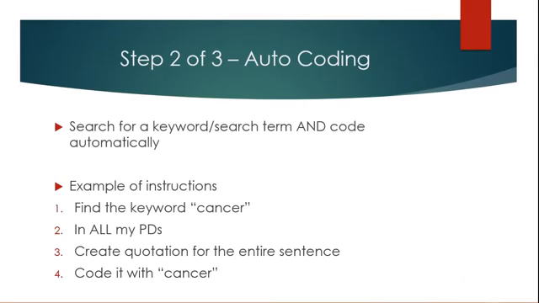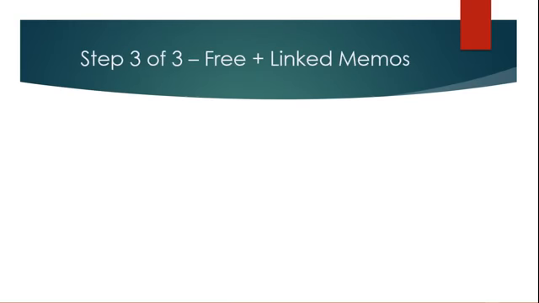I have done auto code, I have done deductive coding, I have done inductive coding, and I have also done auto coding. Now I'm going to step number 3 of 3, which is doing free and linked memos.